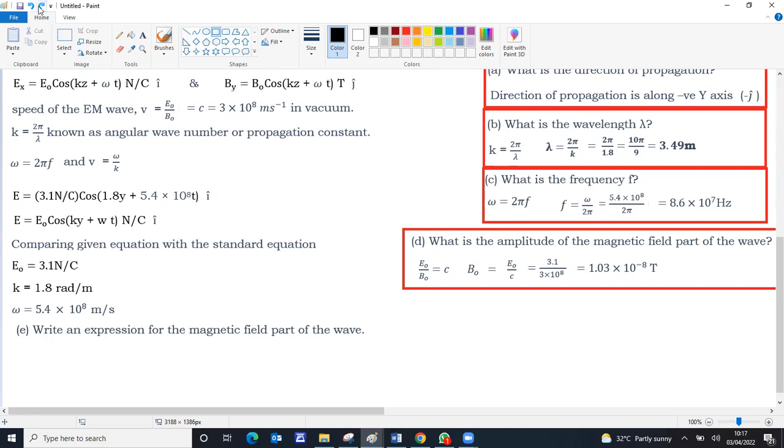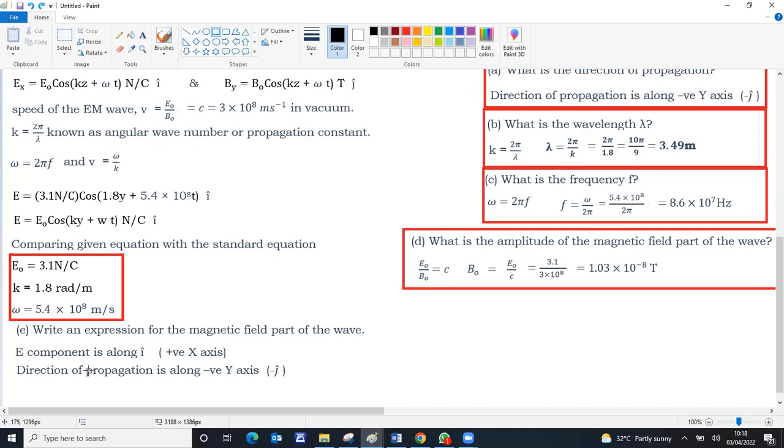So you already know the E component is along the positive x-axis. The question is given along x i cap. That will tell you E component is along the positive x-axis. And direction of propagation we already identified as negative y-axis.